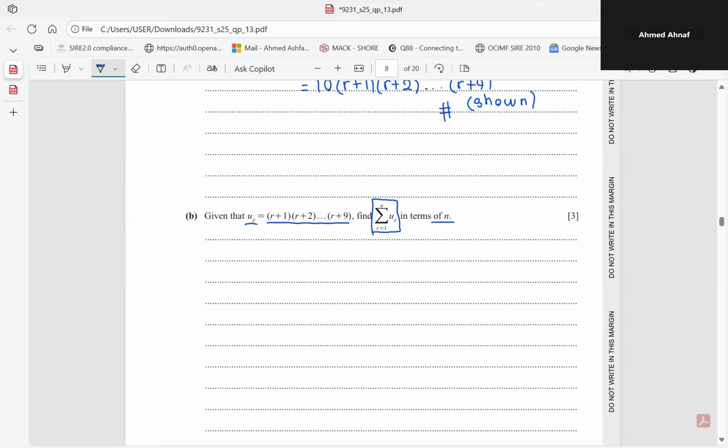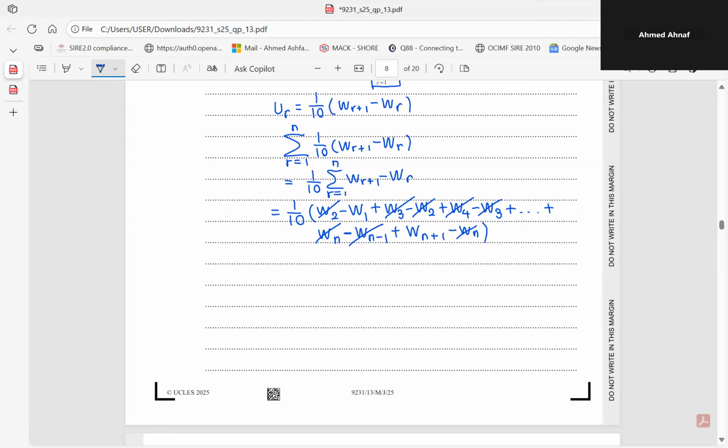For our second set of terms, we can cancel Wn, and hence we can cancel out Wn minus 1, because it would also appear in WR plus 1 when R equals N minus 2 in the previous set. So this is why it cancels out. Our final answer would just be 1 over 10 times Wn plus 1 minus W1.